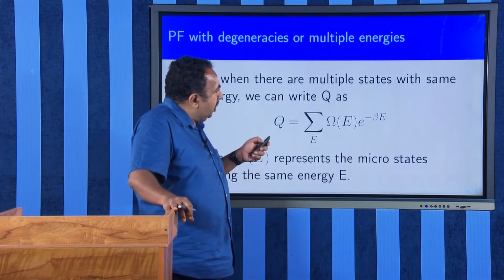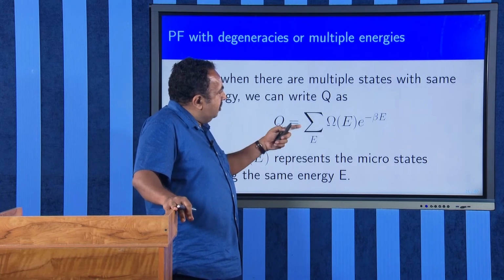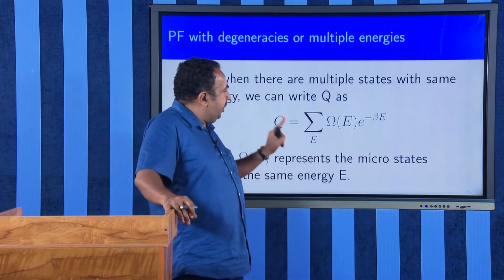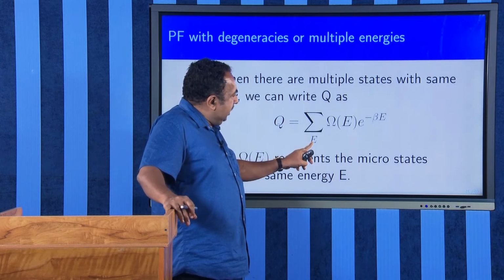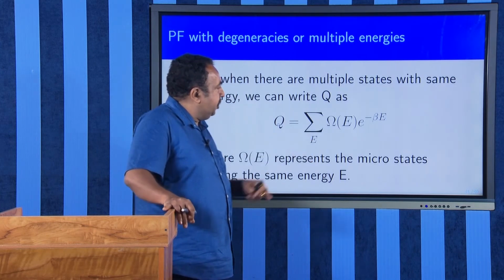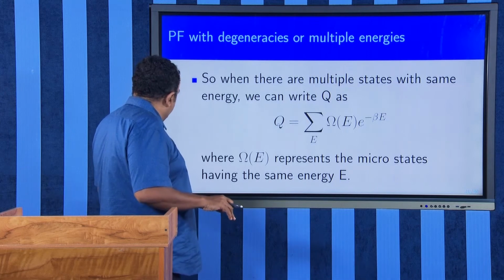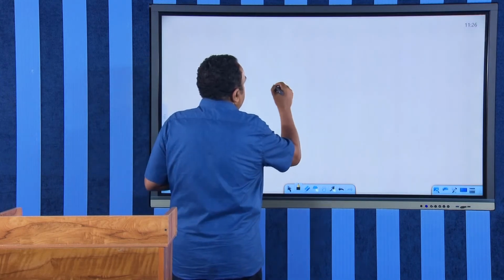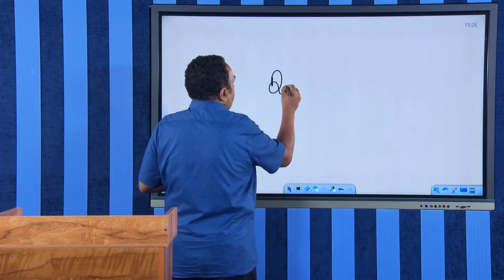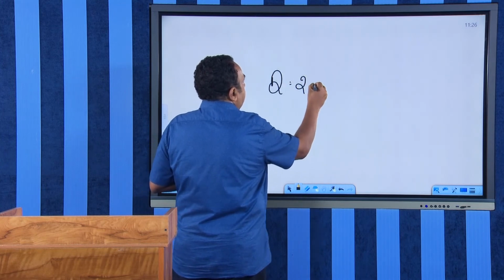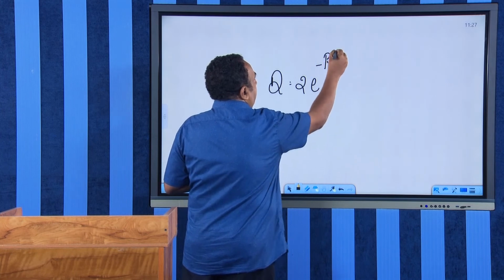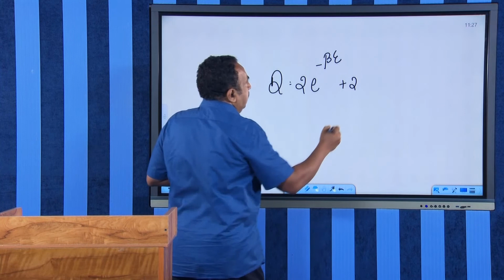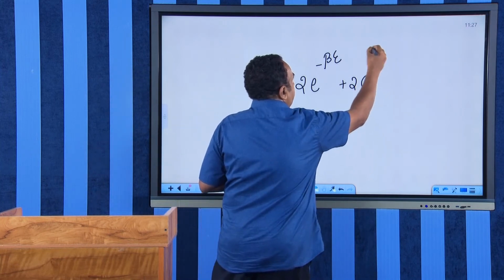Therefore, in order to account for that, I can say that 2 states are there. So there are 2 energy states now, epsilon and 0. Therefore, I can write this partition function as twice e raised to minus beta epsilon plus twice e raised to 0, and e raised to 0 I will write as 0.